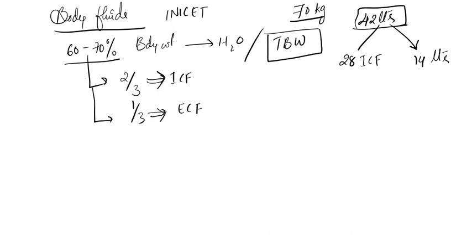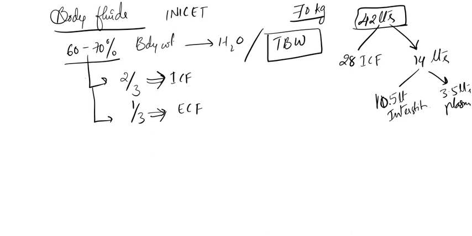In this 14 liters, 10.5 liters will be interstitial fluid, and the rest, 3.5 liters, will be plasma.